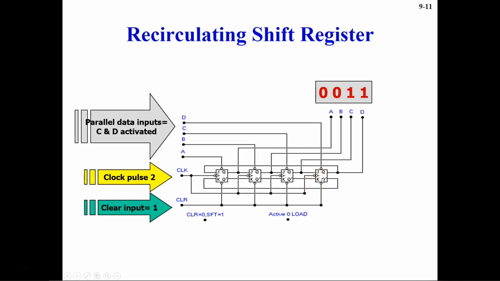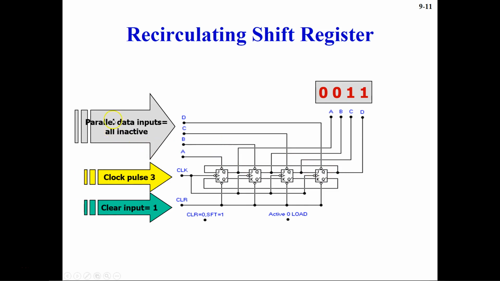Now if you recall your JK flip-flop truth table, when J is equal to 1 and K is equal to 0, your output Q is going to be 1. If you verify that and then come back to this circuit, you will know what output you are going to get. So when J is 1, K is 0, then this Q is going to be 1. So you're going to get 1 over here, and you're going to get 1 over here.